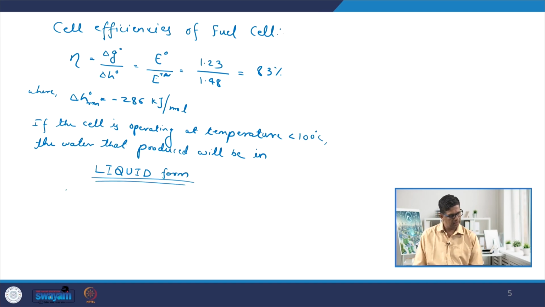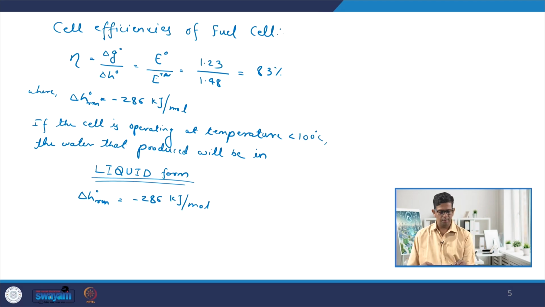So, in that case we can write the enthalpy of the reaction as 286 kilojoules per mole. This efficiency is valid when the temperature of the cell is less than 100 degrees Celsius, because when the temperature is less than 100 degrees Celsius, as we know, the water produced in the fuel cell will be in the liquid form.